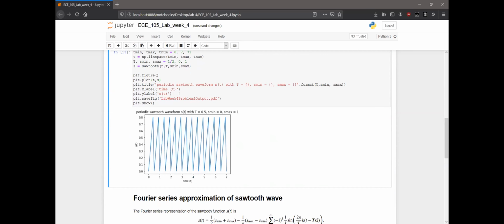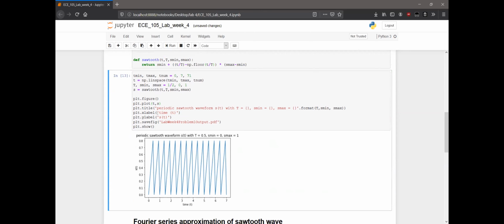If my t value is 1, S max minus S min, that's a 1. So basically what I end up with is t over T minus the floor of t over T, right? So for this given value.